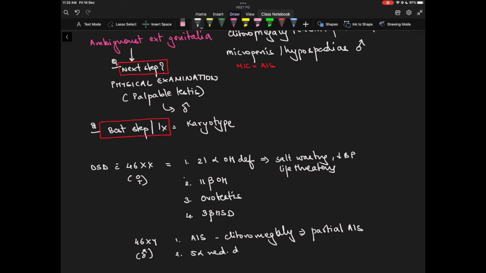Second is 5 alpha reductase deficiency, and third cause is congenital adrenal hyperplasia. Which deficiency? 17 beta hydroxylase deficiency, and also finally 3 beta HSD, which can lead to either female or male. This table is very important and you should write it down yourself and remember it by heart.